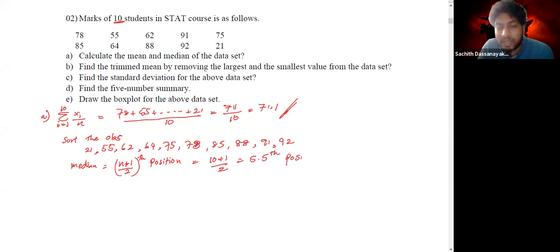Okay, there is no position like that. So you have to find the value in the 5th position and 6th position. Then add those two values together and divide by 2. Get the mean of those two values. This is your median.